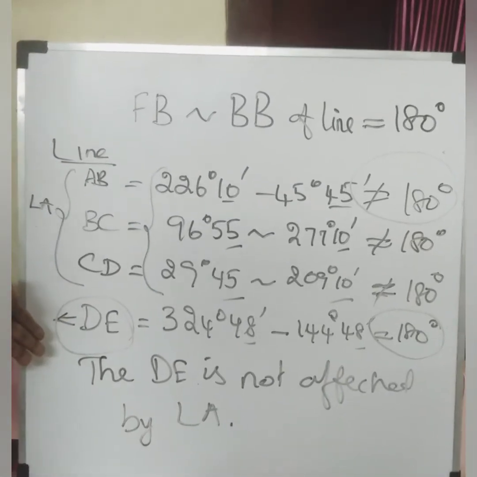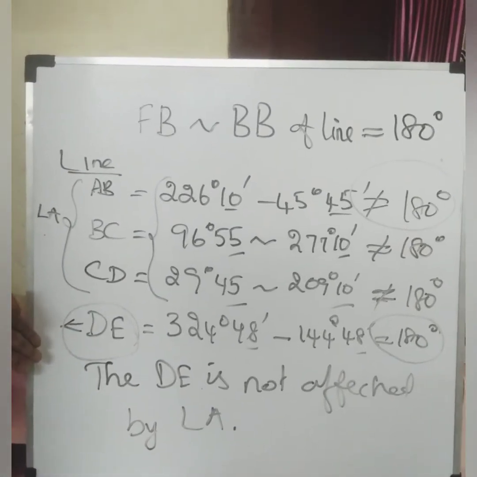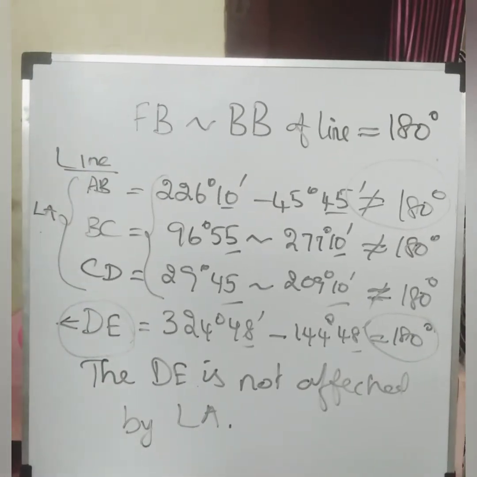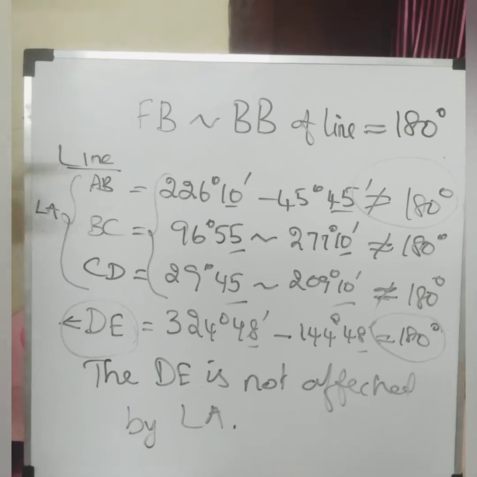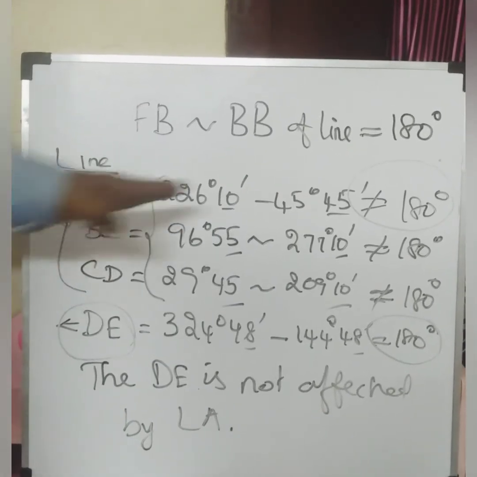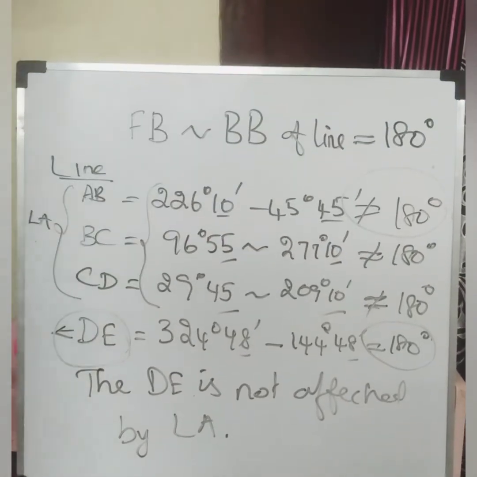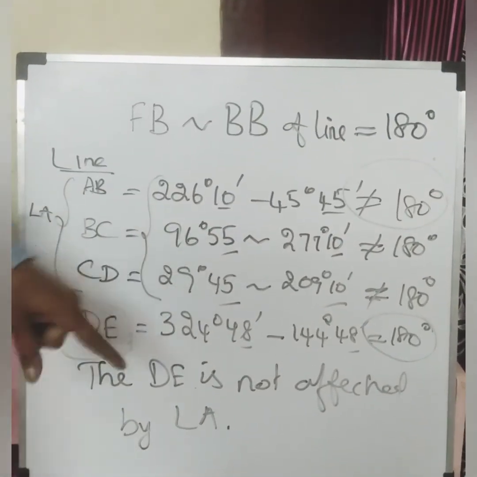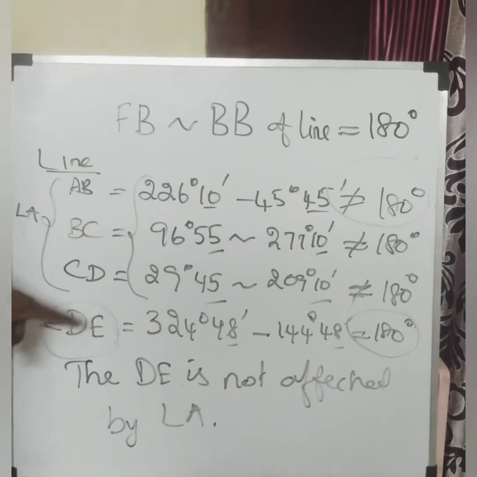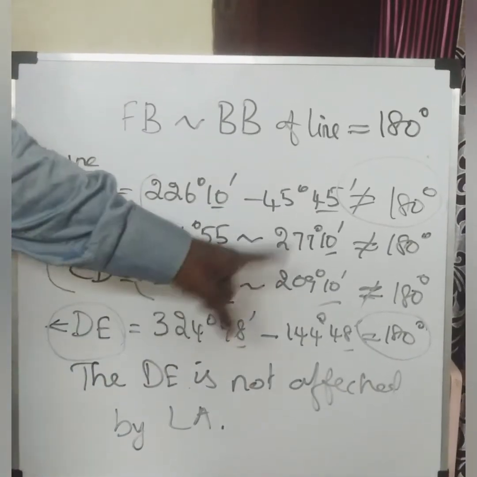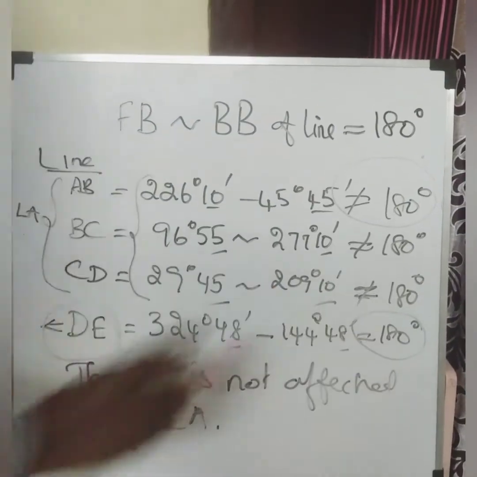Here the final conclusion is, from the given problem, the lines AB, BC, CD are affected by local attraction because the difference between the forebearing and back bearing is not equal to 180 degree. The line DE is not affected by local attraction because it satisfies the condition that the difference between the forebearing and back bearing is equal to 180 degree.